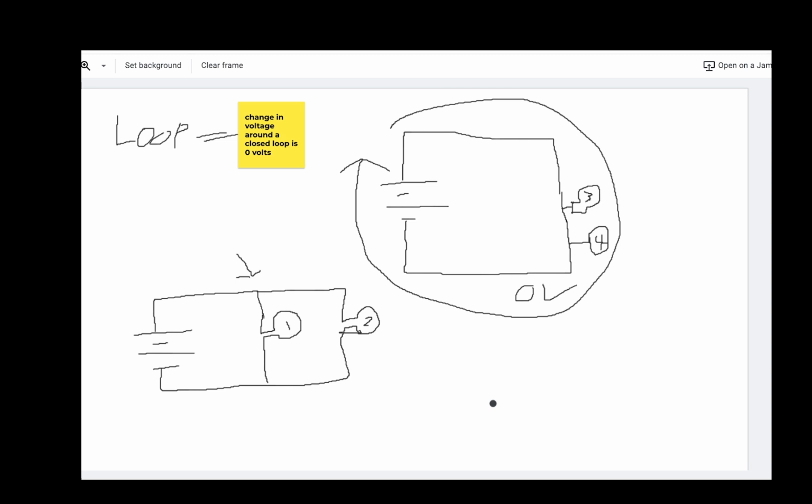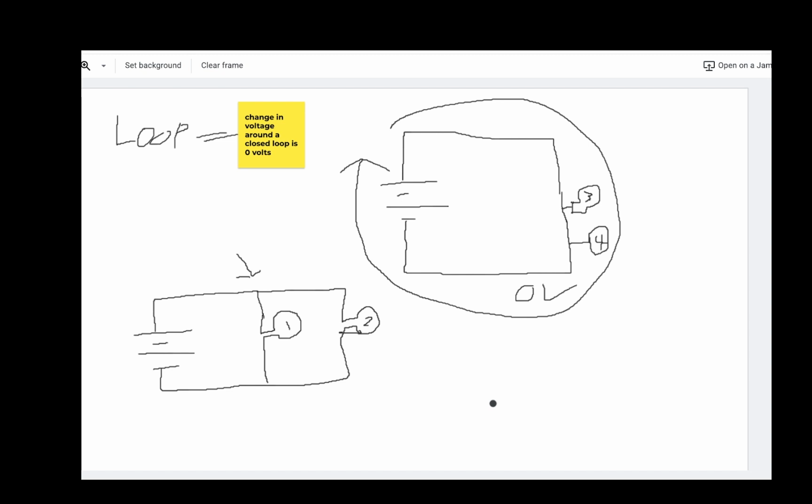So if we go back to the example down below, since it is parallel, since there is a junction, the change in voltage will be the same for light bulb 1 and light bulb 2.